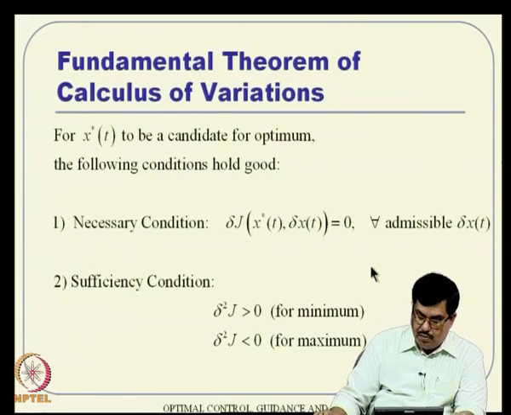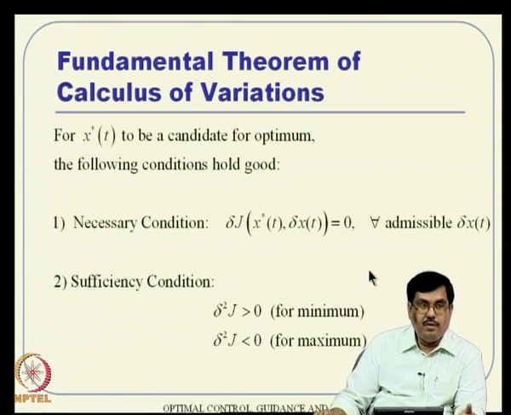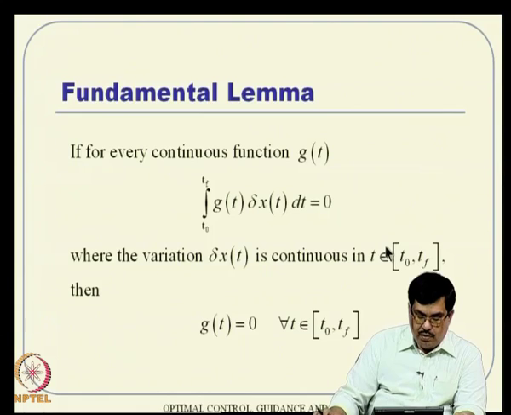This concept you can think of as very parallel to static optimization, but these are ideas of calculus of variations rather. We also discussed this nice, beautiful little fundamental lemma.